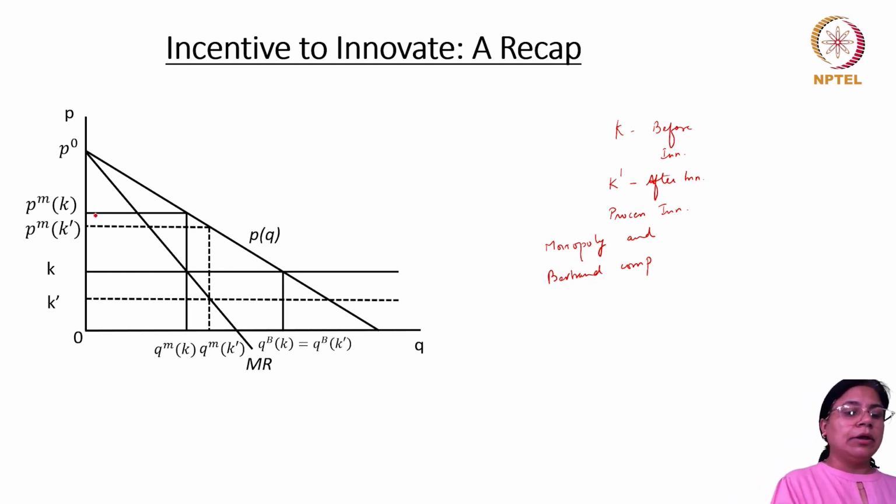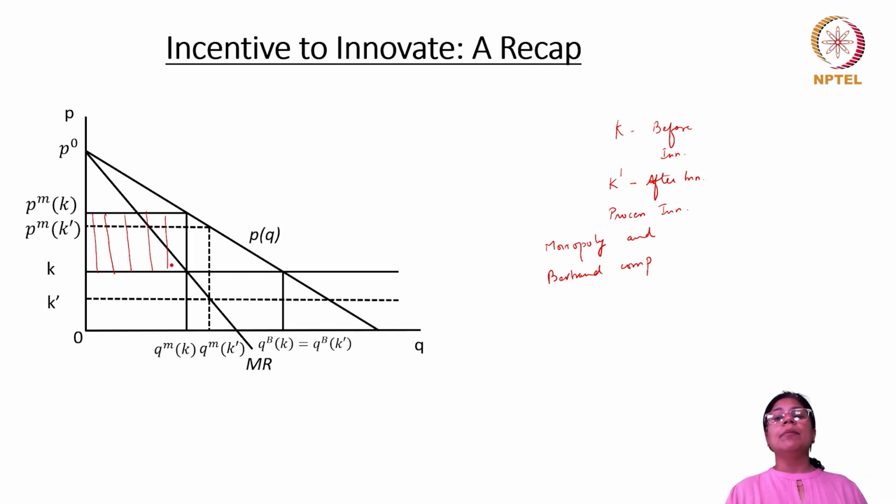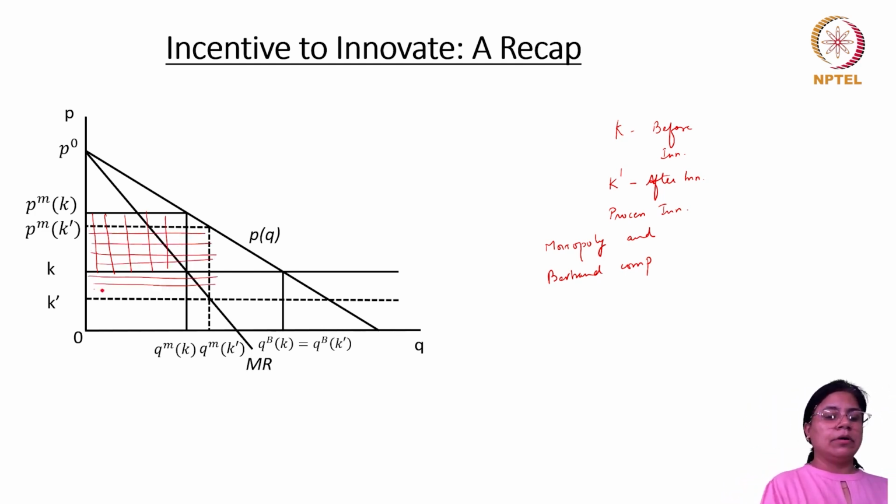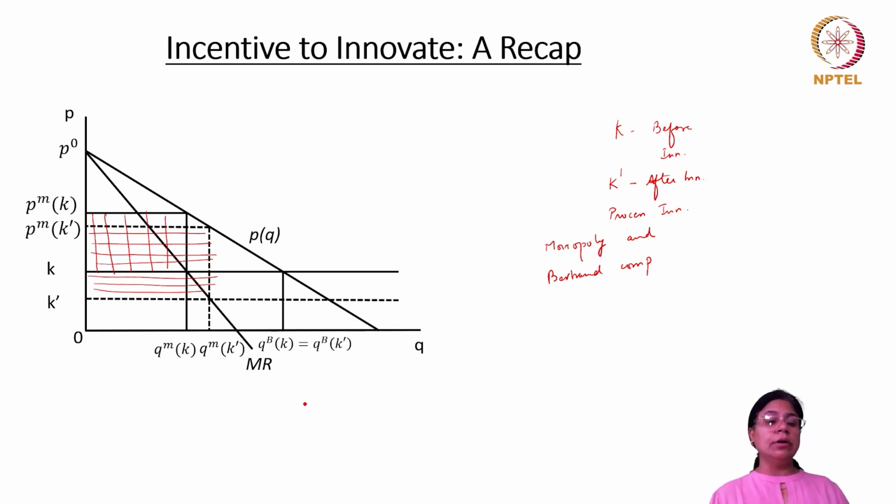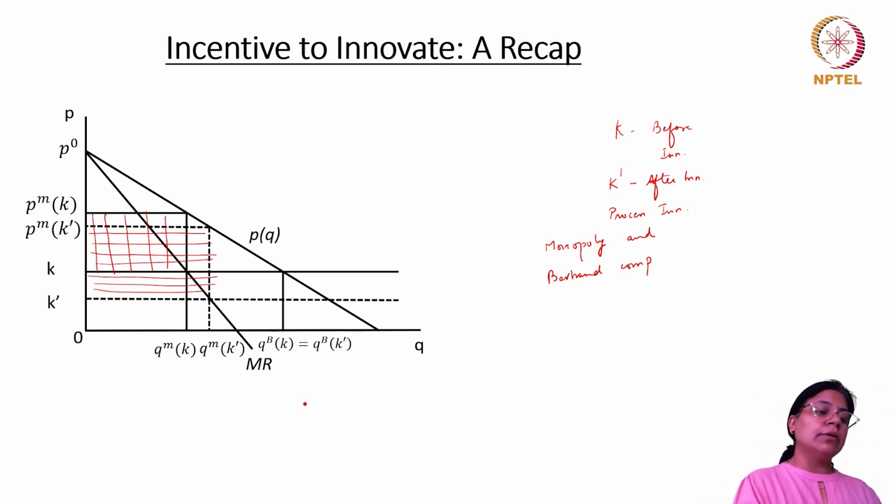So here, if I look at this particular area where I am making these standing lines, this is the profit which the monopolist was making before the process innovation, and the one with the horizontal lines is that after the innovation. Now you can see that this area where I am now putting these slanting lines is something which has reduced. On the other hand, this is the area which has increased.